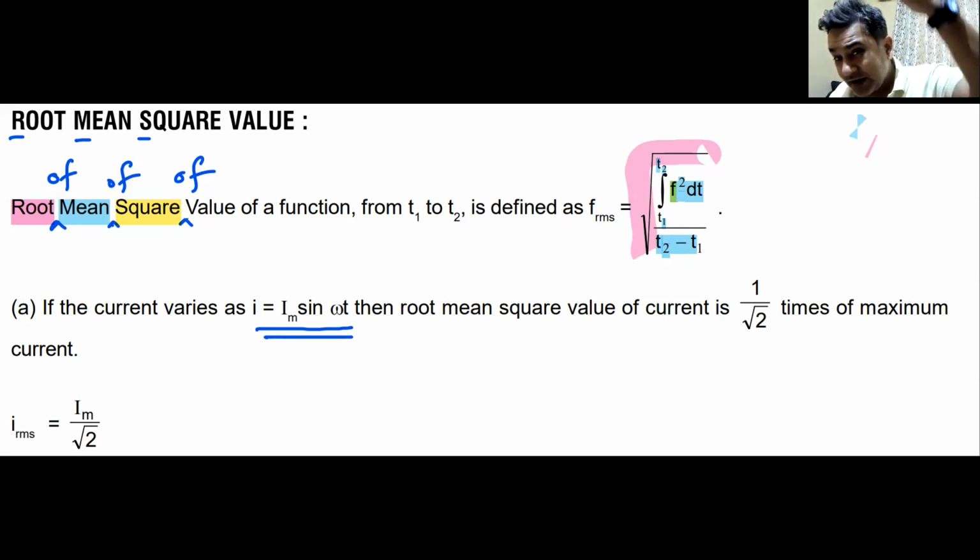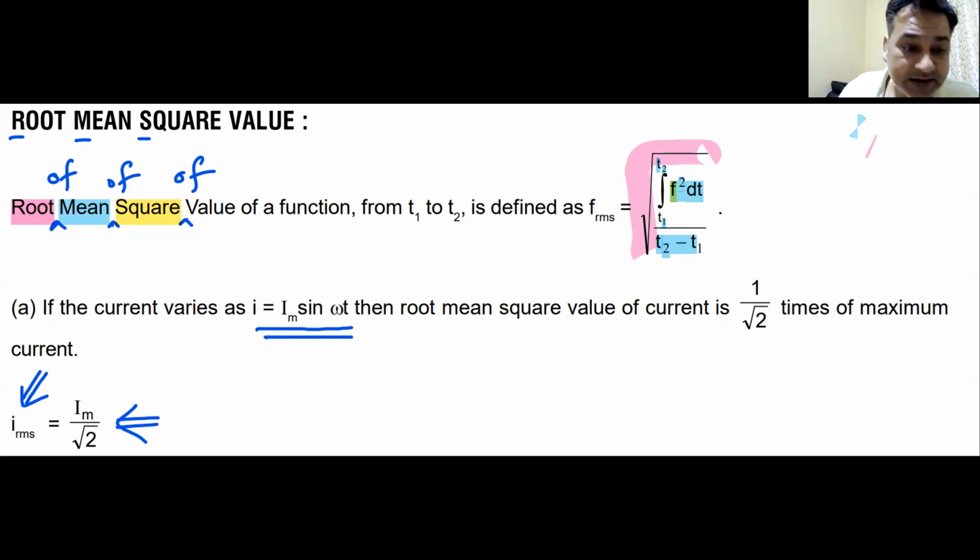But when I find the average of the square, it is 1 by 2. If I take the root of that, it becomes 1 by root 2, and therefore I have this formula for I RMS: I M divided by root 2. Do we understand how we have got this formula? The RMS value of current is 1 by root 2 times the maximum. And that is what you should never forget in your entire life.